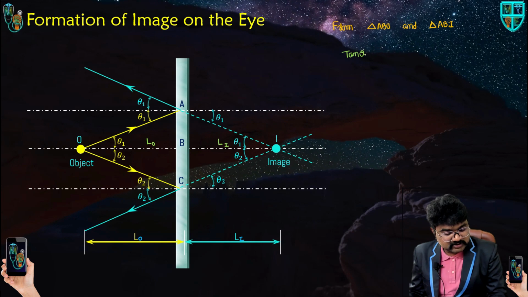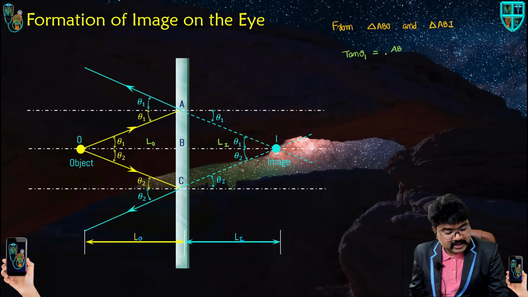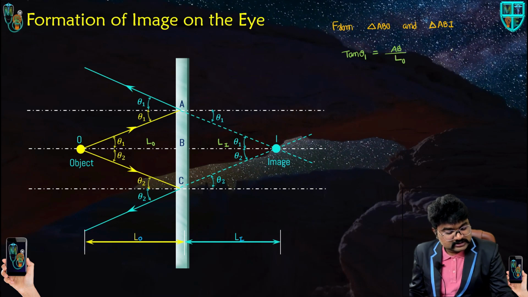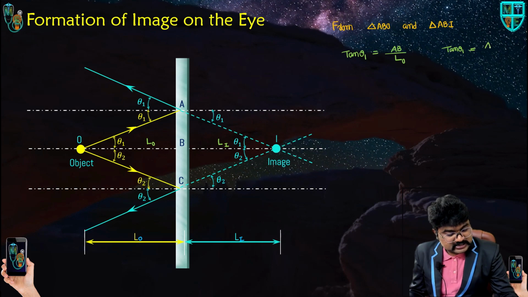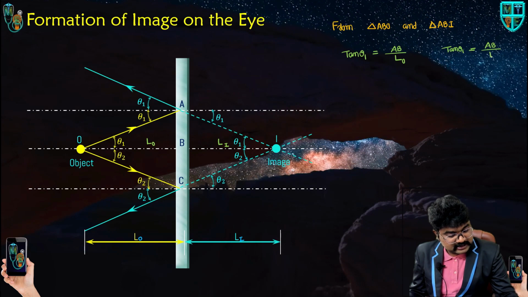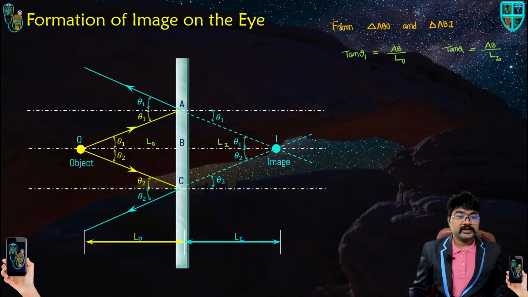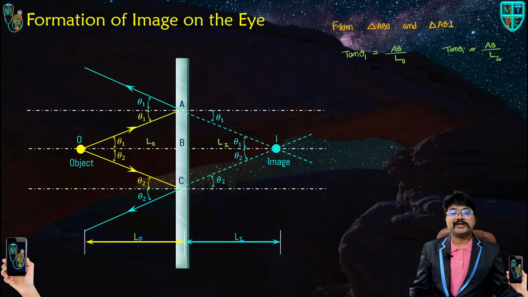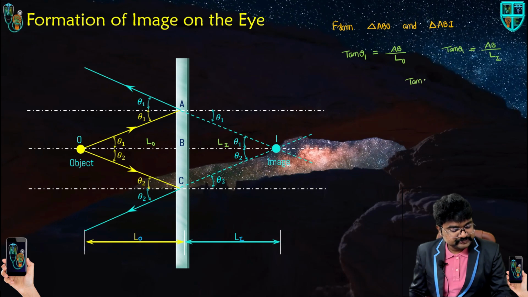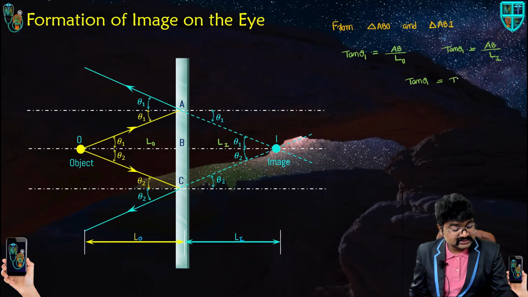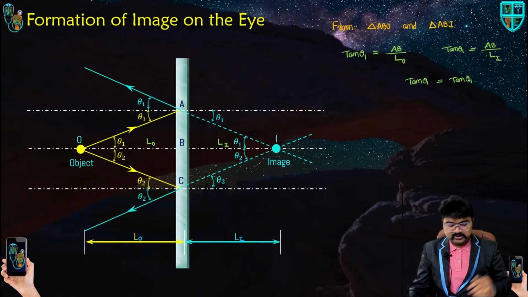Tan theta 1 from triangle ABO is AB by Lo. One more tan theta 1 here, AB by the length, which is the perpendicular distance from the mirror to the point image, Li. So from here tan theta 1 equal to tan theta 1 from these two equations.